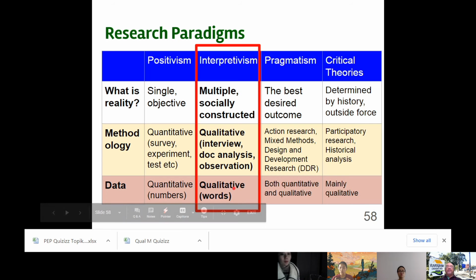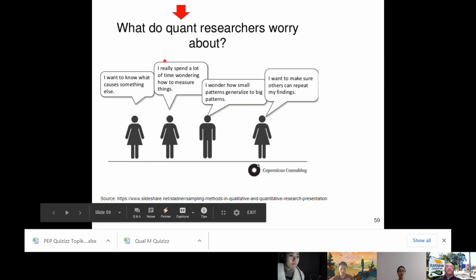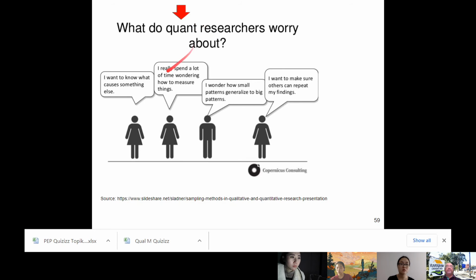Now we look at the perspective. This is the quantitative one. How to generalize to big patterns? For example, your sample is only a few hundred people, but you want to generalize for the whole population.